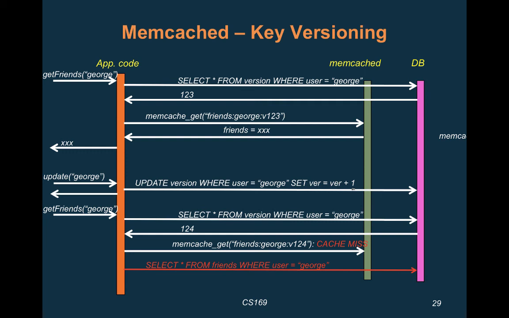Very small data, it's a little number that comes back, so the transfer is small. This is a small table, typically the version table, and it's going to be in the database cache. So this is going to be a very fast request, but it's nevertheless a database request. This, presumably, is a complex computation, a complex query that you want to cache. So you have to think about all these things. Other questions?